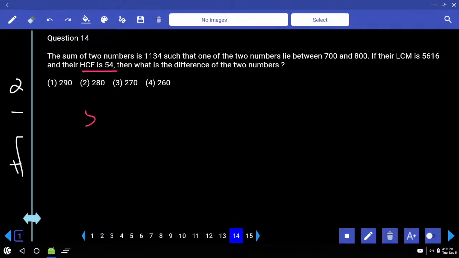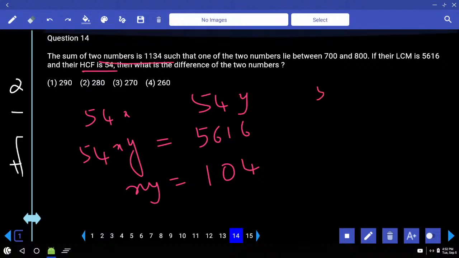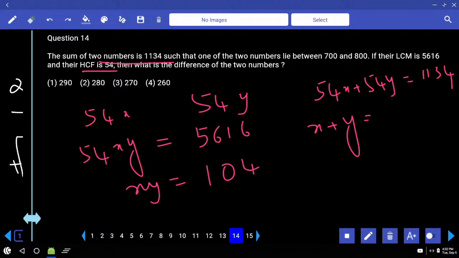If HCF is 54, the numbers will be in the form 54x, 54y, and the LCM will be 54xy, which is equal to 5616. xy is equal to 104. xy is 104, and it is clearly given that the sum of the numbers, that is 54x plus 54y, is equal to 1134. x plus y equal to 21, isn't it?